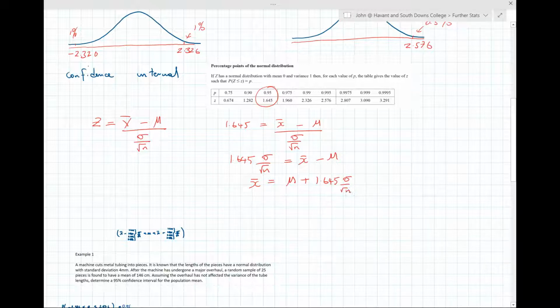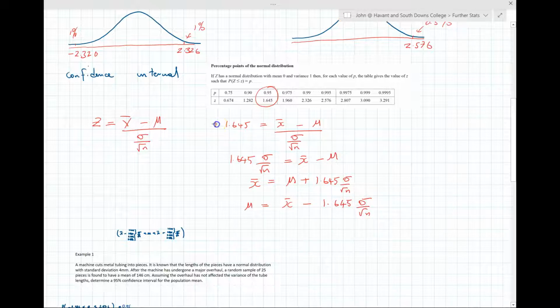But we want a confidence interval for mu, so we get mu equals x bar minus 1.645 sigma over square root of n.